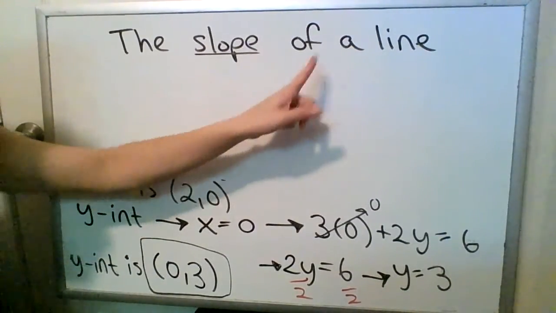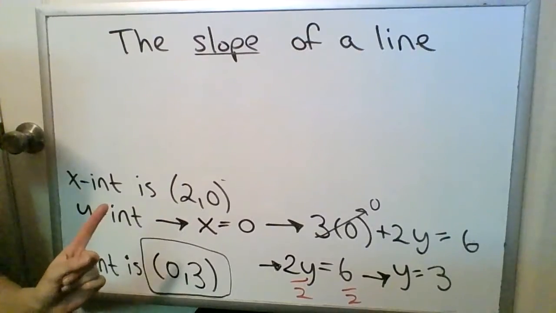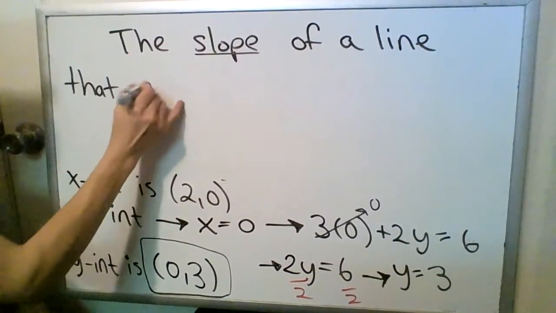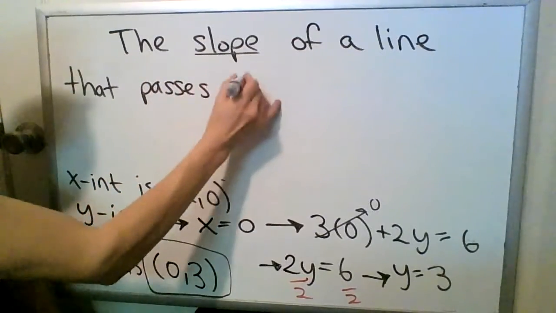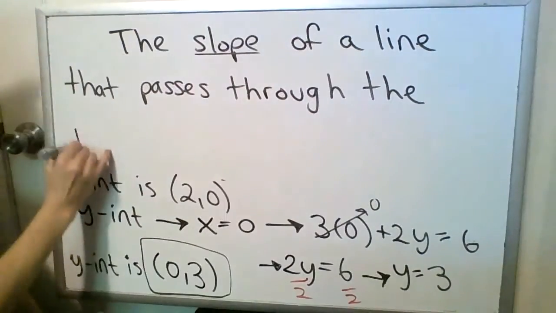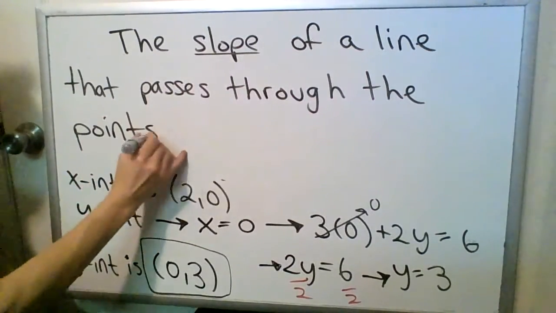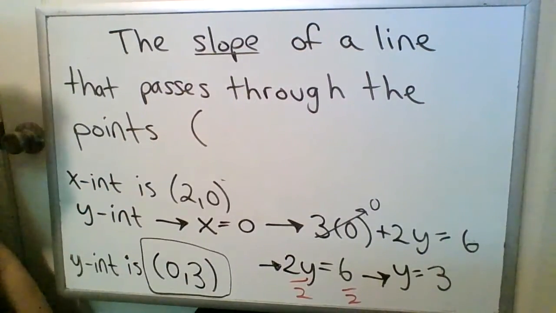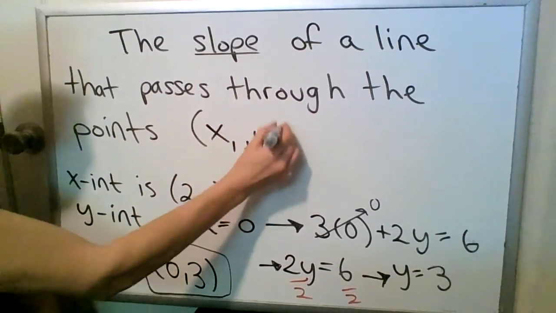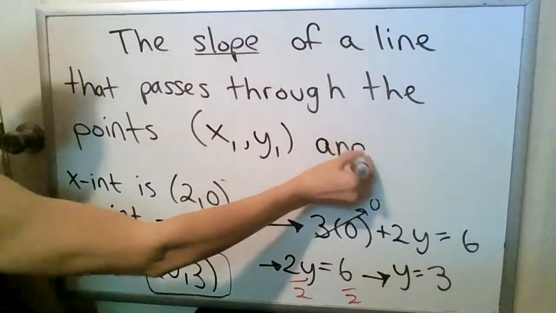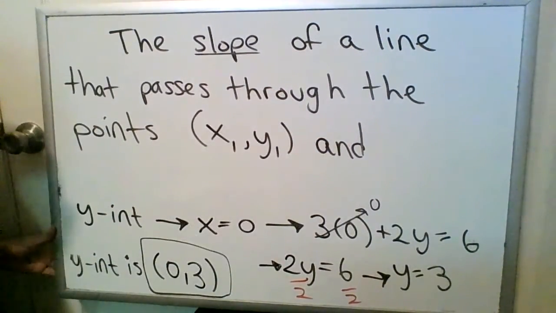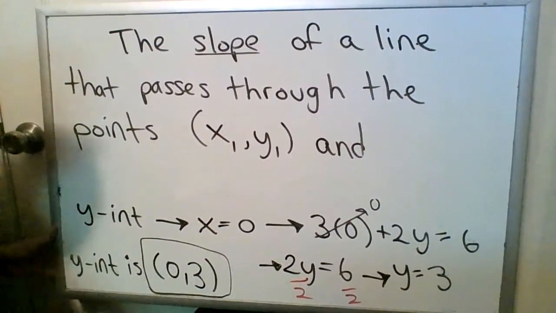The slope of a line that passes through the points. I'm going to call the first point x sub 1 and y sub 1. The other point is going to be x sub 2, y sub 2.